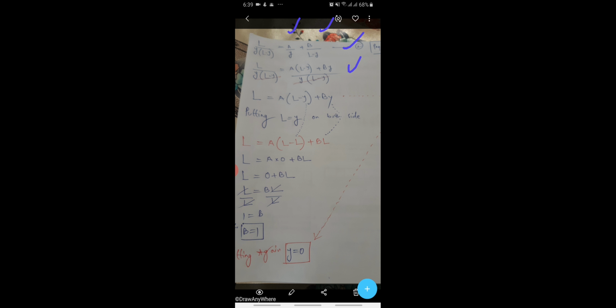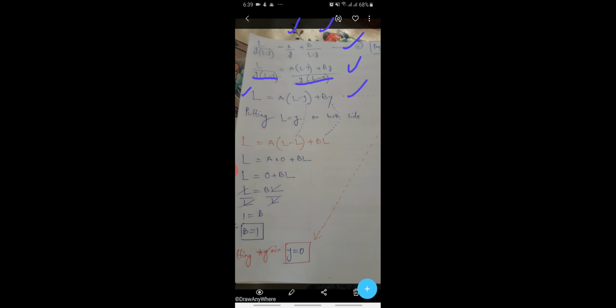And after that I will take the LCM as we did before, and this cancels. After that I have L, and here on the right side we have A(L - y) + By. Now what is our purpose? What is our aim? We have to find the values of these two constants A and B.